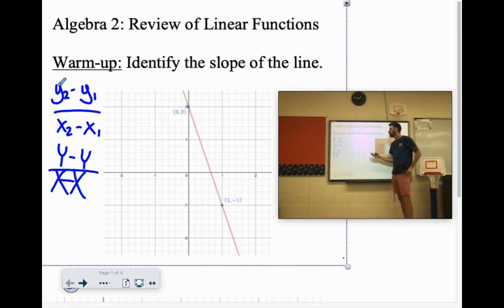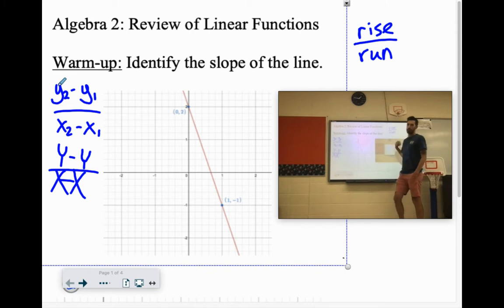But if they give you the graph, to me it's easier to just count the slope. So slope is always your rise over your run. And we always go from left to right. So going from left to right here, I see it's going down. When it goes down, that means our rise is negative.